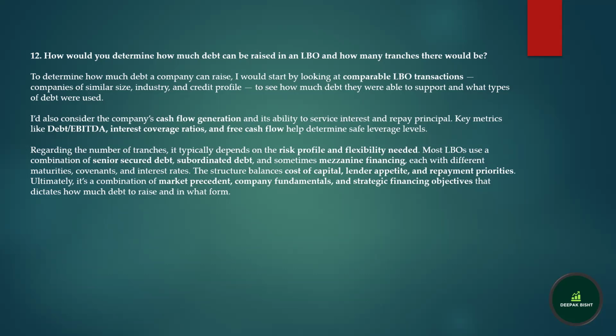First, then we analyze the company's cash flow and coverage ratios. Then we consider business risk and asset base. We then determine the types and number of tranches based on the market condition, whether it will be senior secured loan, whether it would be subordinate or junior debt like mezzanine, PIK, and second lien, or whether it would be high yield bonds.